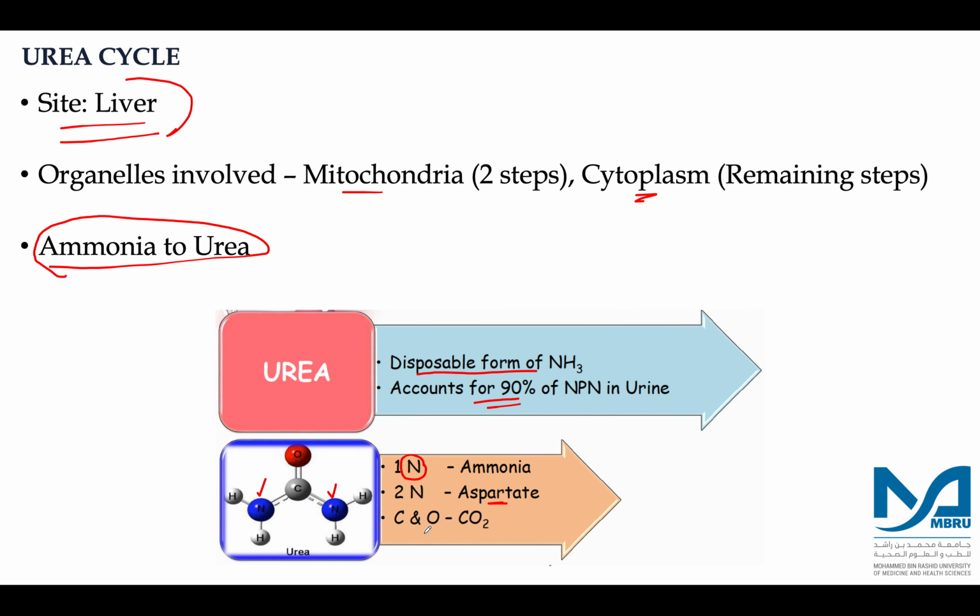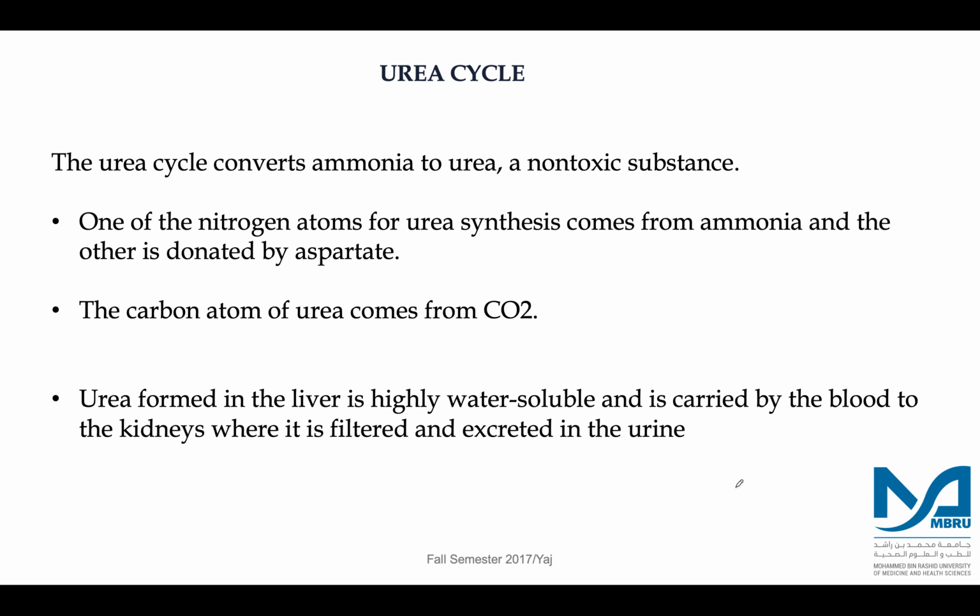And the carbon and oxygen that is present in urea is donated by carbon dioxide. Important facts and simple MCQs are often asked from this particular slide. As I mentioned, the urea cycle converts ammonia to urea, which is a non-toxic substance.